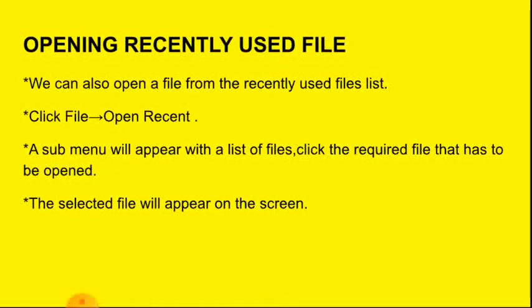Next is opening recently used file. We can also open a file from the recently used file list. Click File, Open Recent. A sub-menu will appear with a list of files. Click the required file that has to be opened. The selected file will appear on the screen.